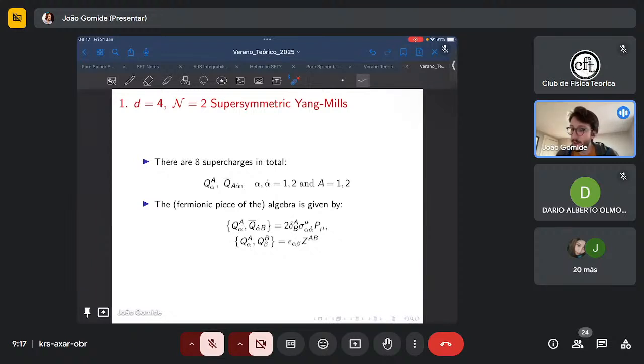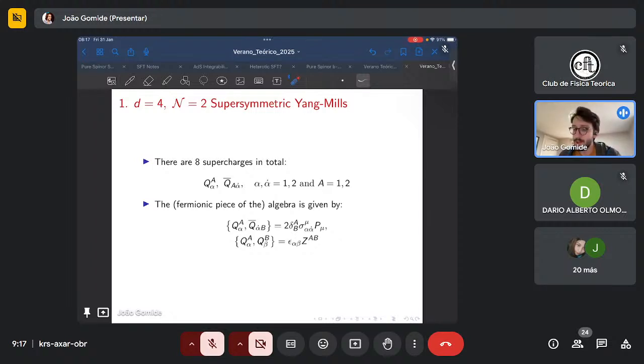And this uppercase letter A labels which set of supersymmetry generators you're talking about. I don't know if Dennis covered this during his course, but if he only covered N equals 1 supersymmetry, then this is like you have two copies of the supersymmetry generators.